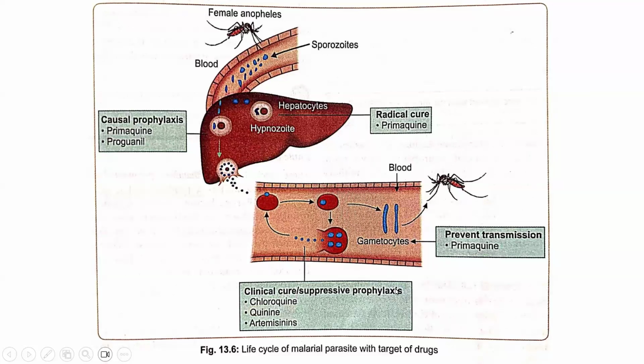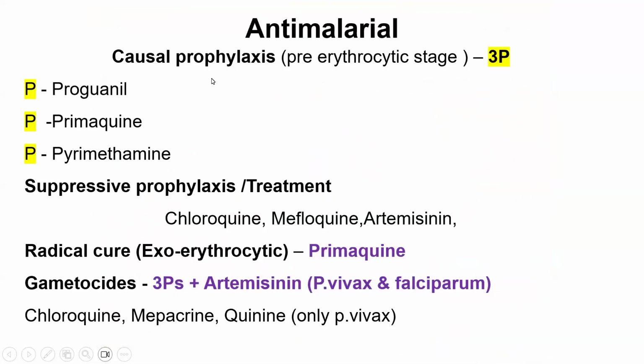If they ask you about prophylaxis, you should write causal prophylaxis, suppressive prophylaxis, radical cure, and drugs which prevent transmission. Coming to drugs for causal prophylaxis, remember 3P. 3P is the mnemonic: proguanil, primaquine, and pyrimethamine. Suppressive prophylaxis is nothing but drugs used in the treatment.